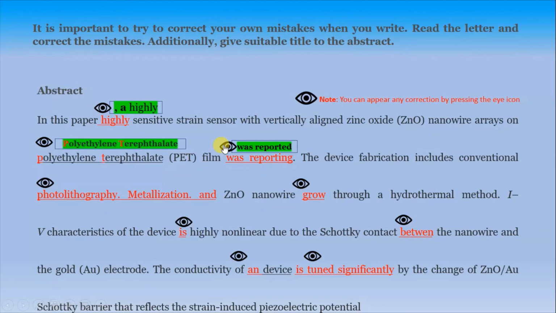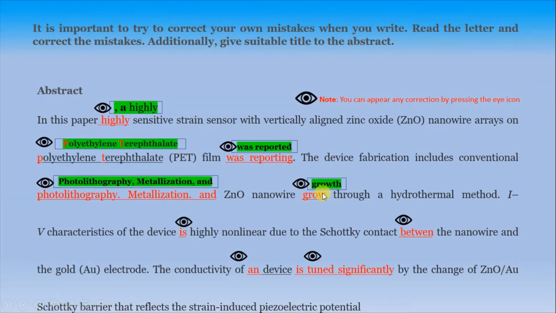The device fabrication include conventional photolithography, metallization, and zinc oxide nanowire. So here many things are mentioned together, and a comma should be put instead of the period. And you have used the verb include, and one sentence shouldn't have two verbs.